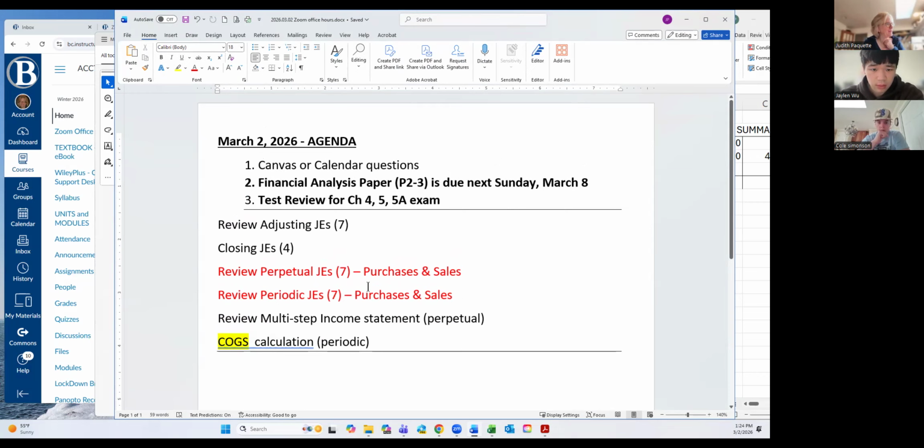So calendar financial paper is due March 8th. And then really focus on the journal entries, understand your ratios, like in this chapter, I want to make sure what they're called. If we did any ratio, I don't think we did ratios in chapter 4.